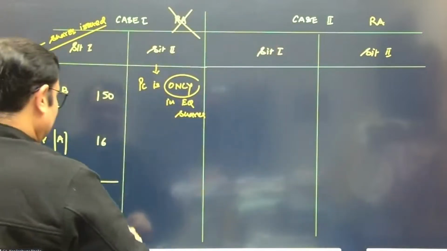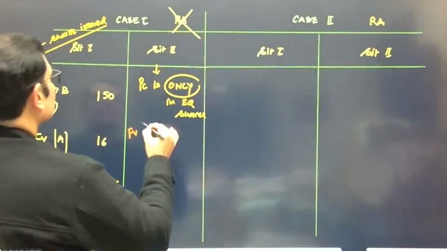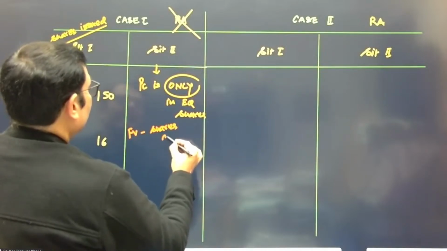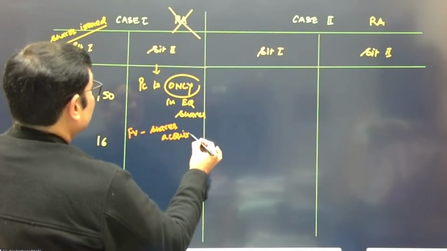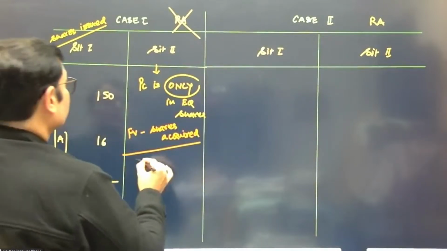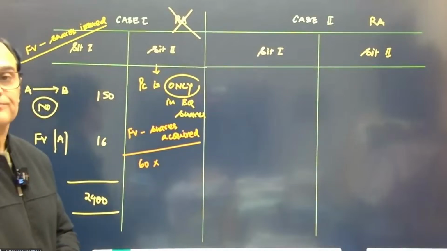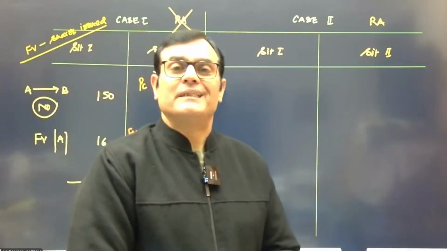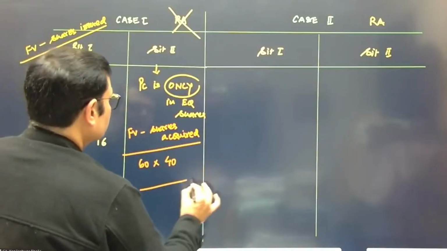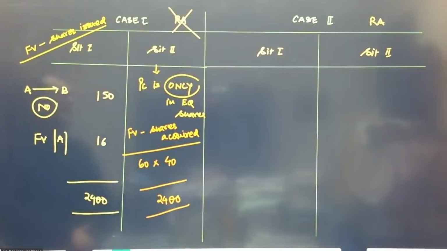So I am looking at, in this particular case, the fair value of the shares acquired. So A, by issuing 150 shares, gets control over the 60 shares of B. And the 60 shares of B have a fair value of 40, and the purchase consideration comes to 2,400. Did you get the analysis?